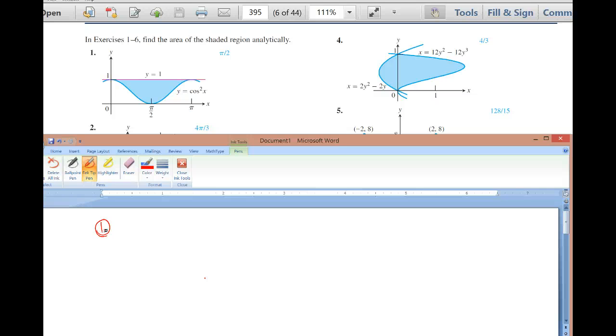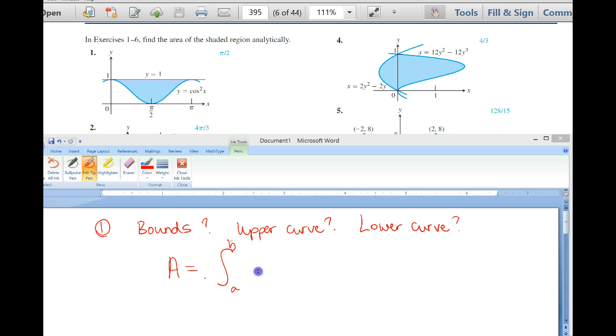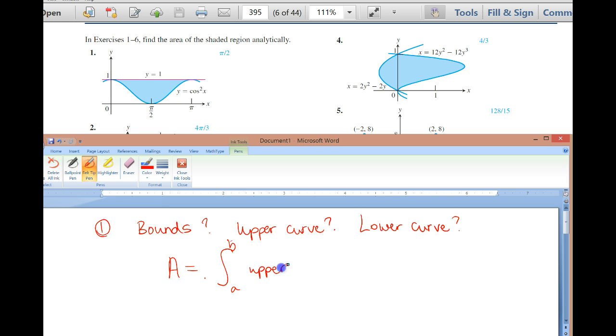We need to figure out the bounds, and we need to figure out what is going to be the upper curve and the lower curve. Area is going to be the integral from lower bound to upper bound, and it's always going to be the upper curve minus the lower curve.